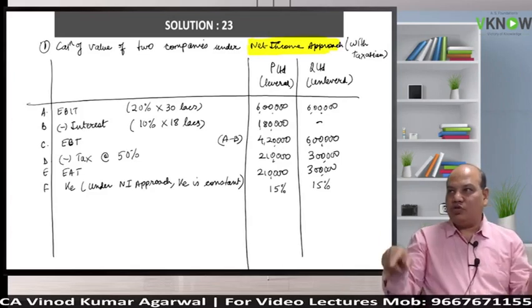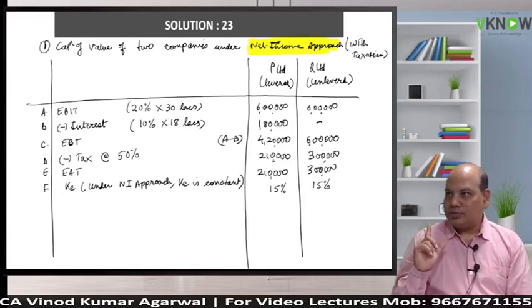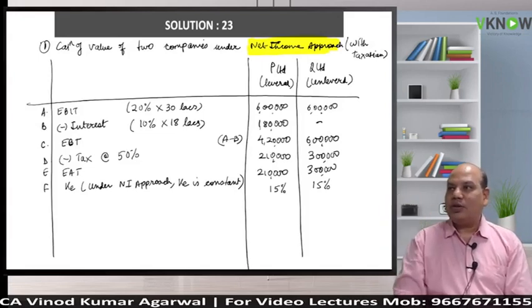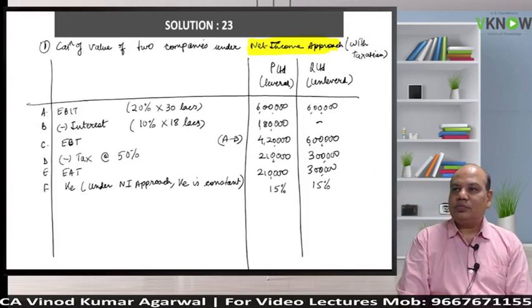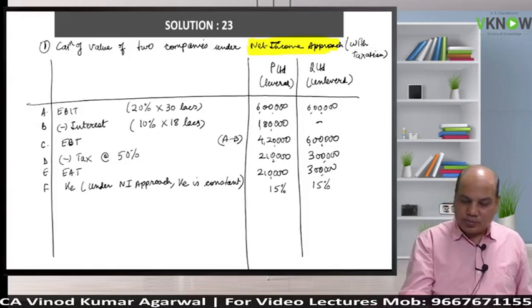I have given you a chart today where you can see under net income approach, which approach? Net income. K is constant. If K is constant, it means it is 15% for both. Right.